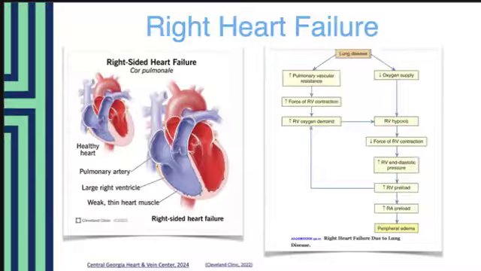Now, when we think of right heart failure, it can occur from left heart failure and or from diffuse hypoxic pulmonary diseases such as COPD, cystic fibrosis, ARDS, or acute respiratory distress syndrome. So the textbook mentions these diseases result in pulmonary vasoconstriction, pulmonary hypertension, and an increase in right ventricular afterload.